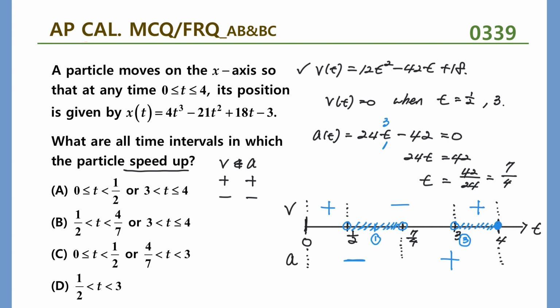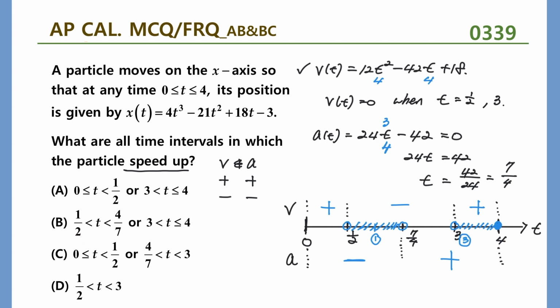Because when t is equal to 4, velocity is going to be positive, and when t is equal to 4, acceleration is also positive, right? So the answer has to be between 1/2 to 7/4, or from 3 to 4 included.